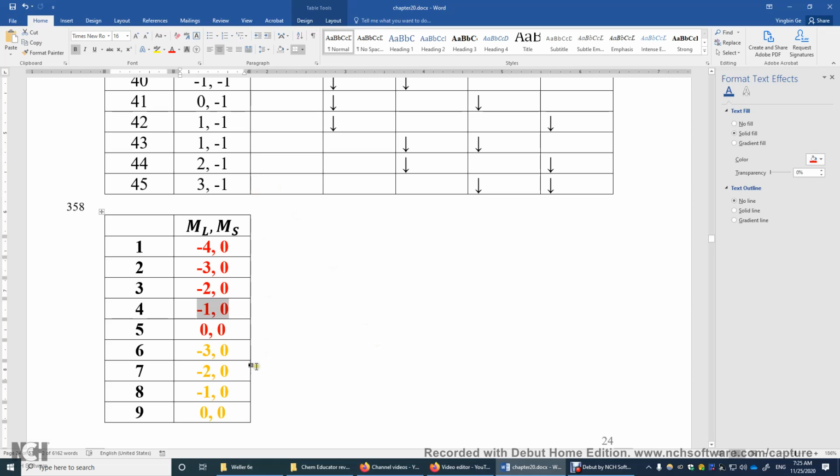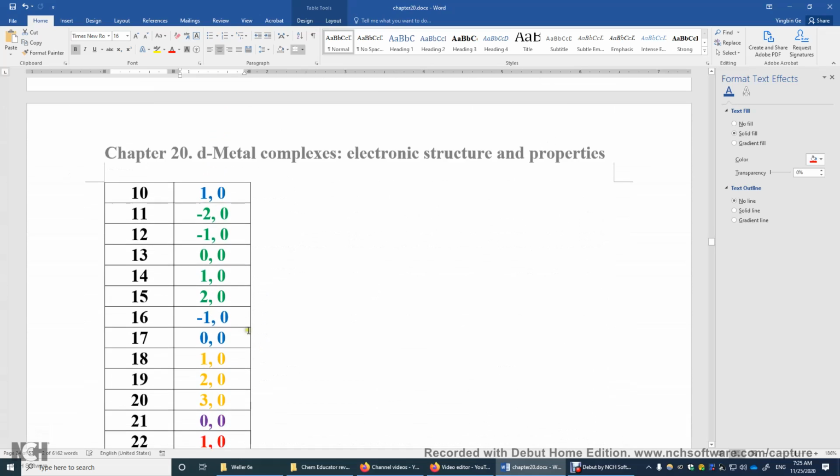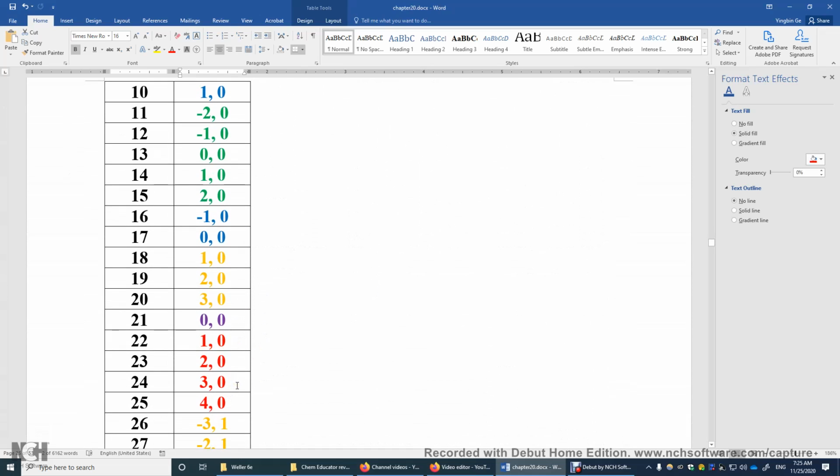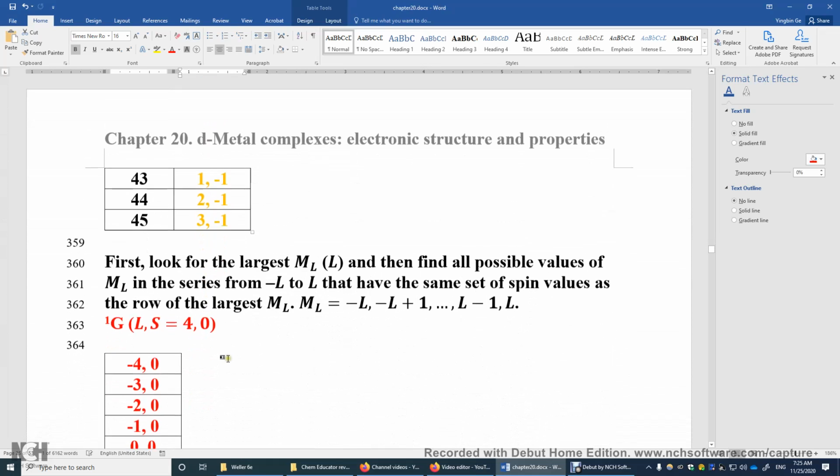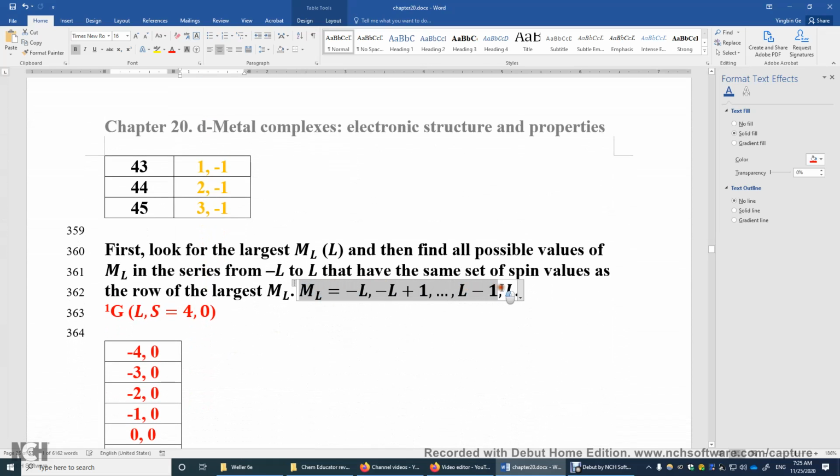So you get 9 rows in red. They are the 9 microstates that correspond to L equals 4 and S equals 0. Why S equals 0? Because M sub S can only be 0. That means S has to be 0. So I'm going to write out the other rule here.